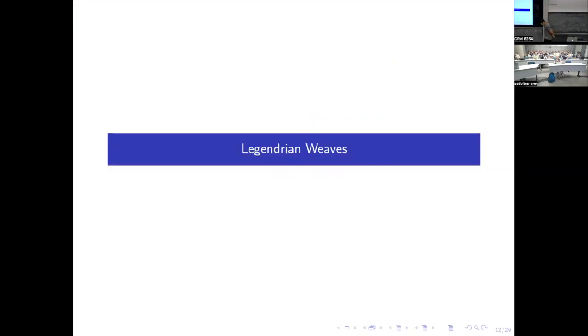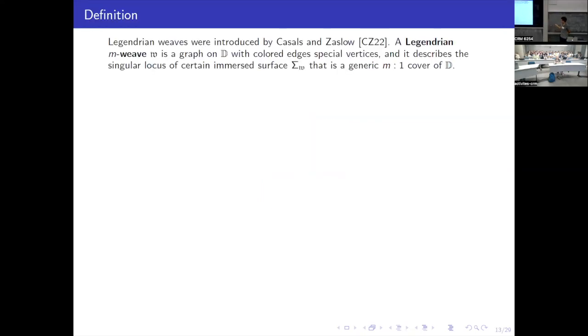Okay, Legendrian weaves. So what are Legendrian weaves? A Legendrian weave is a graph typically drawn on this, but you can also replace it by some other surfaces, with colored edges and special vertices. What you're trying to describe is the singular locus of a certain immersed surface in R^3.